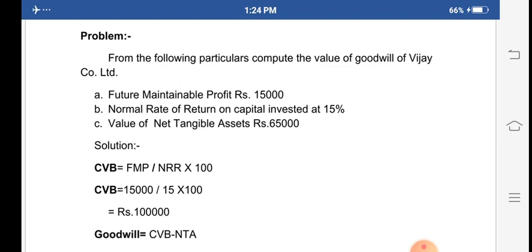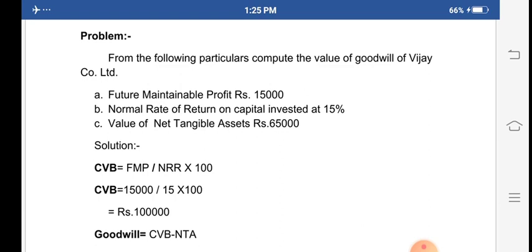With the help of this information, we will calculate the net assets approach. The formula for goodwill is capital value of business minus net tangible assets. First we calculate the capital value of business, which is equal to future maintainable profit divided by normal rate of return into 100.